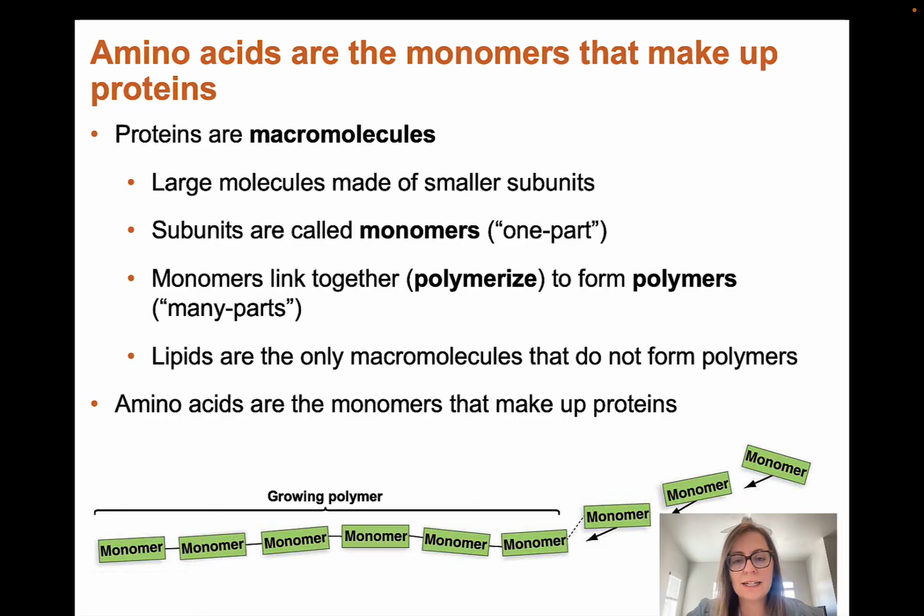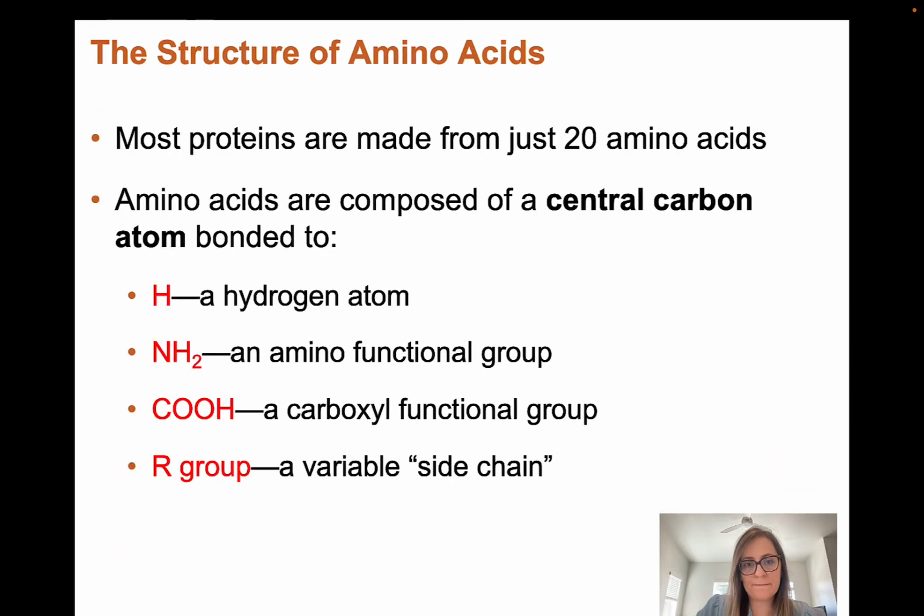The monomers link together, or polymerize, to form polymers, or many parts. That's shown down here with a monomer joining this growing polymer. Of the macromolecules, lipids are the only macromolecule that do not form a polymer, but we'll talk more about that later. So let's dive into what an amino acid looks like and how it forms polymers.